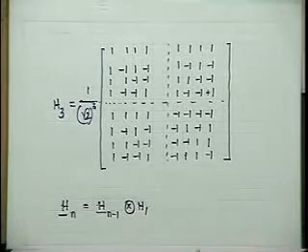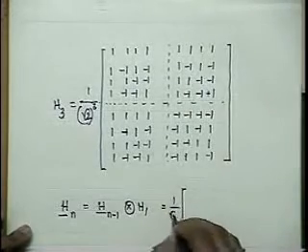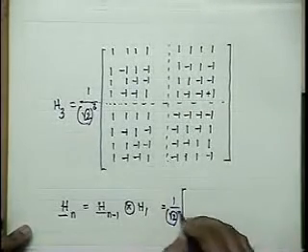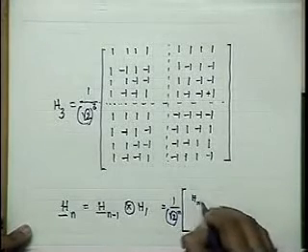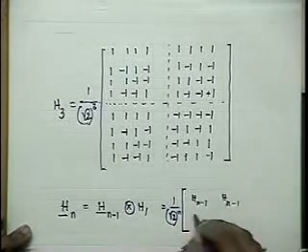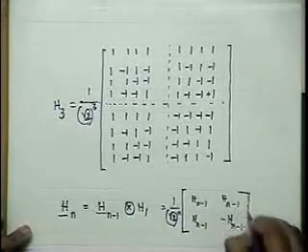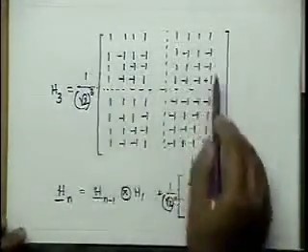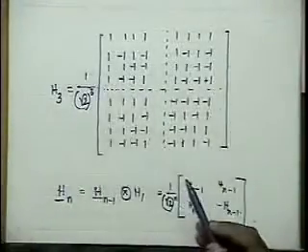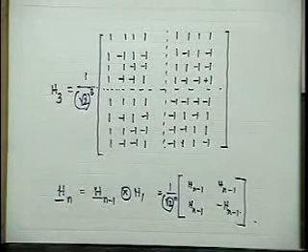So the basic composition is 1 by root 2 to the power n over here, and this is H n minus 1, H n minus 1, H n minus 1 and minus H n minus 1. So this is the composition of the Hadamard matrix.